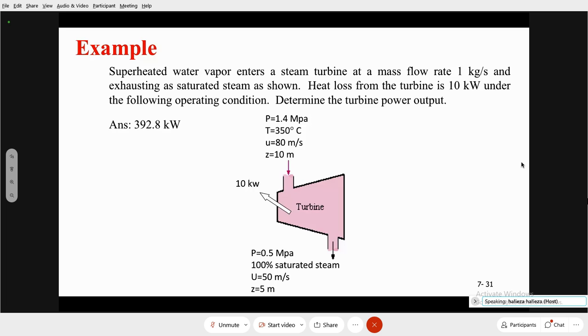Most probably the difference is due to the round-off error because we are using a different steam table. Any comment on the problem? It's slightly different, the answer. This is negative. Why is there a negative 414 and the answer is positive?